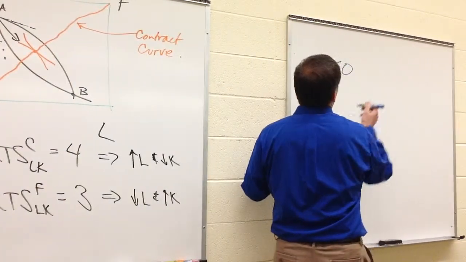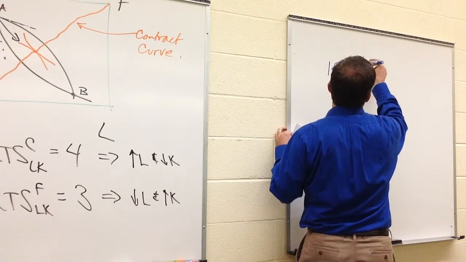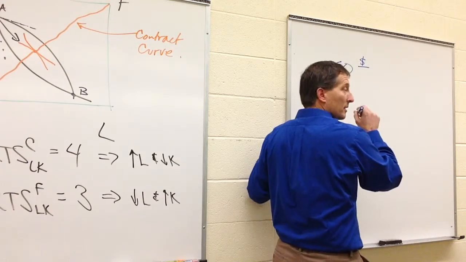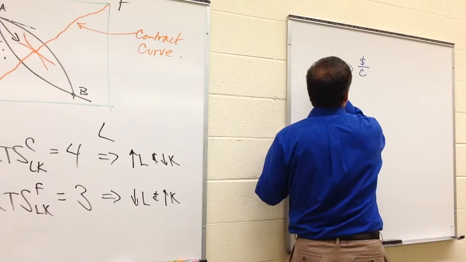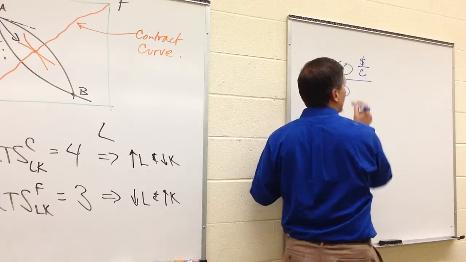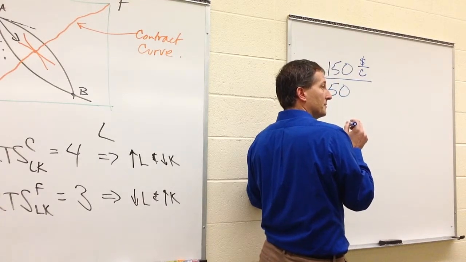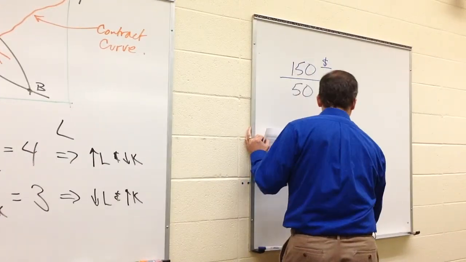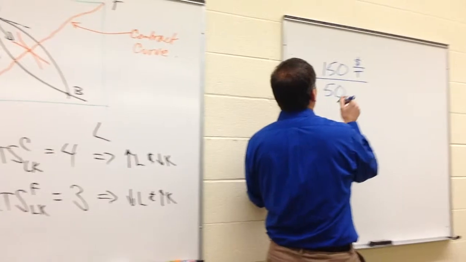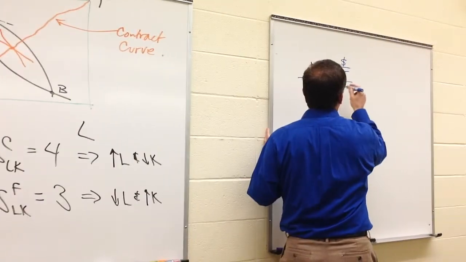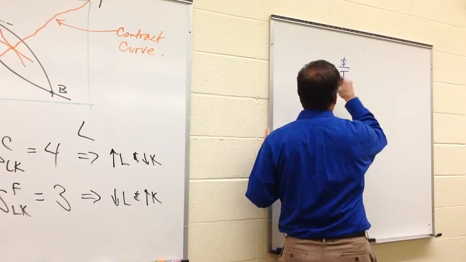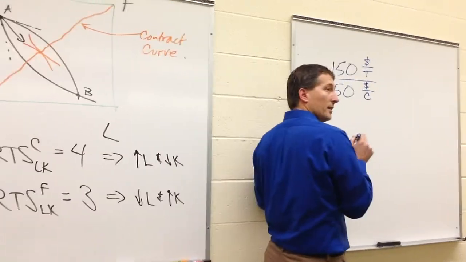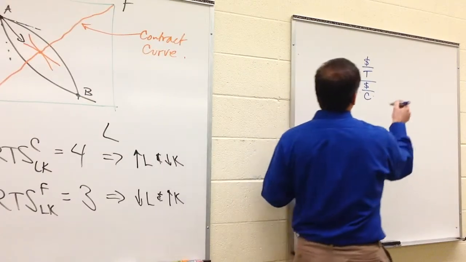150 is the marginal cost of a television, in dollars per clock, and 50 is the marginal cost of a clock. So this is the notation I like to use.